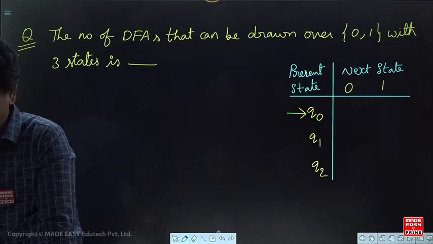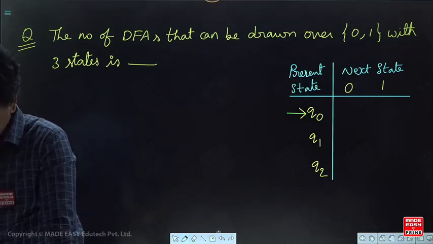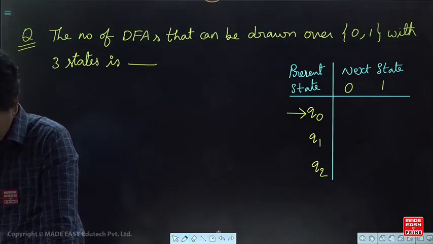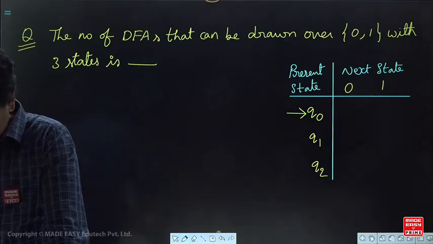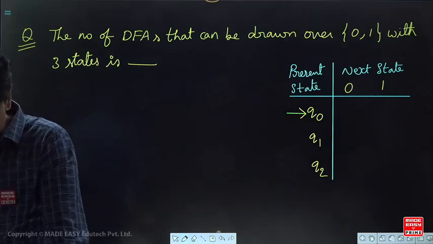Subrato Chaudhary, wrong answer. Annab Ansari, wrong answer. Priya, right answer. Very good. Yogendra Singh, wrong. Abhijit, wrong.